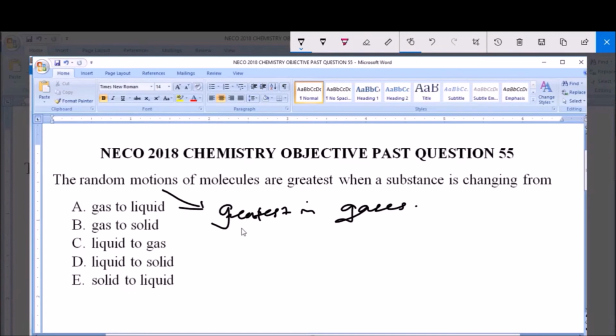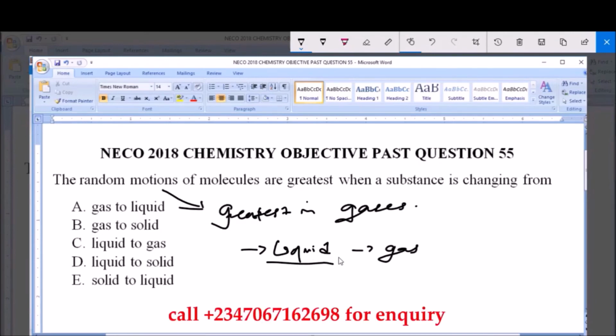Now, random motion will be greatest when changing from liquid to gas. This is because the molecules of liquid are freer than the molecules of solid, and so the random motion in liquid is more than that of solid. Changing from liquid to a gas, we are increasing the random motion of this substance, because the random motion of gas in general is greater than that of liquid.